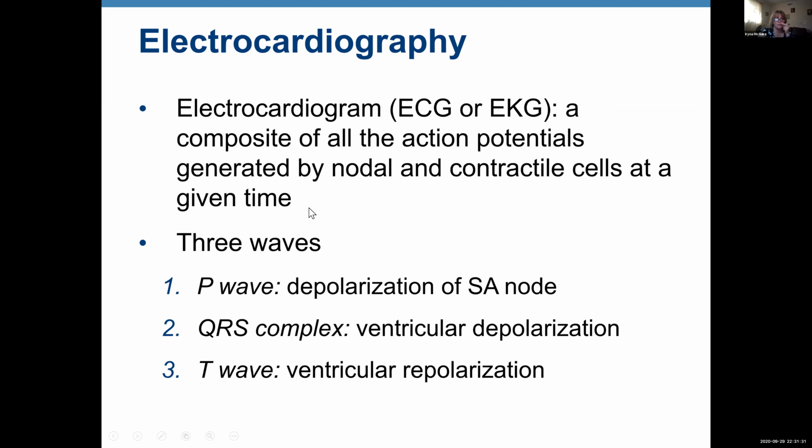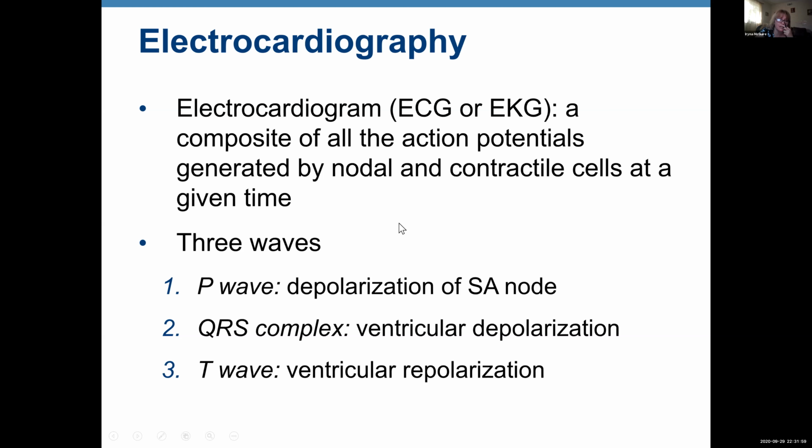Because every single cell of your body, if it's part of the conduction system or part of the contraction system, either generates impulses or contracts, anyway, they generate this action potential, right? So when we put all of them together, you can record it on graph paper, right? And this graph is called an electrocardiogram.